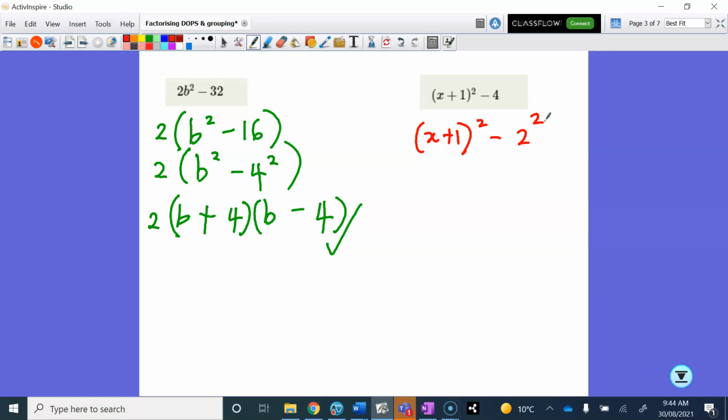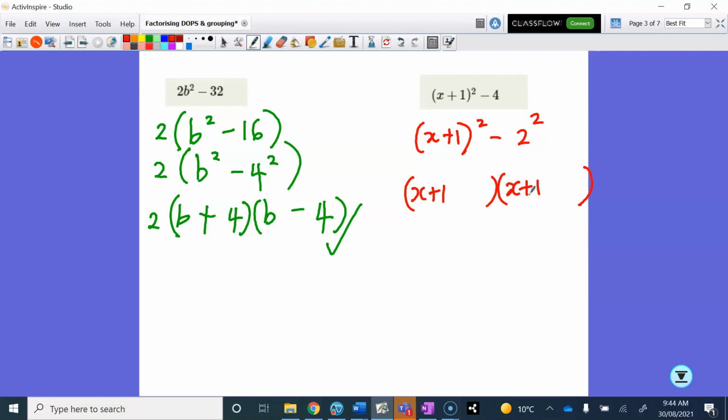So that is now in the form of a difference of perfect squares, 2 perfect squares with a minus in the middle. So I know what's going to happen here: I'm going to end up with 2 brackets. At the start of the first bracket, I'm going to have an x plus 1. At the start of the second bracket, I'm going to have an x plus 1.